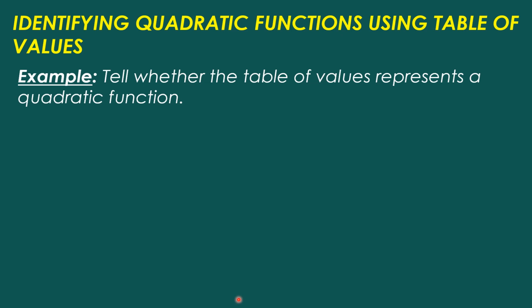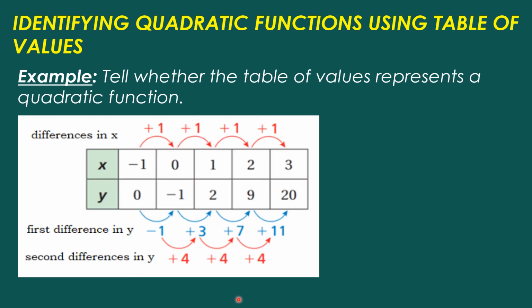Now let us tell whether the table of values represents a quadratic function. I have here a table of values where x is negative 1, y is 0, x is 0, y is negative 1, x is 1, y is 2, and so on.